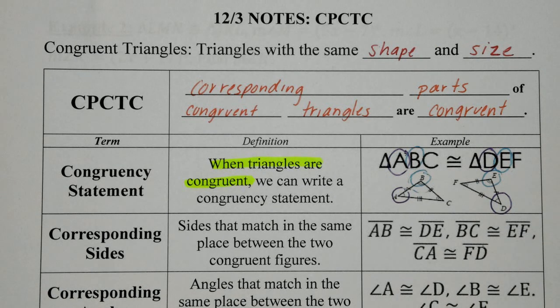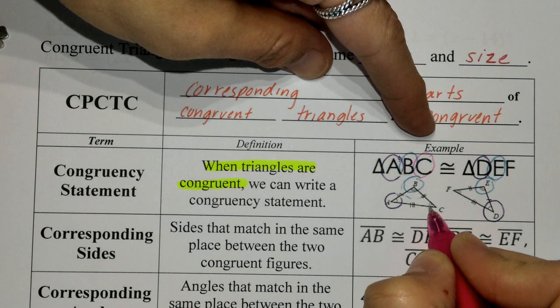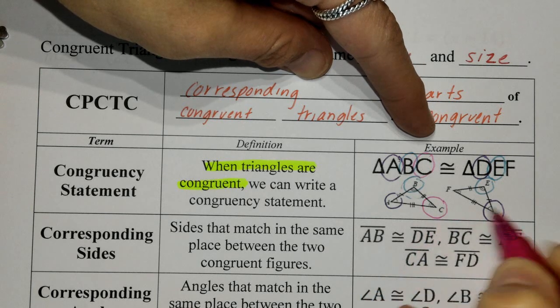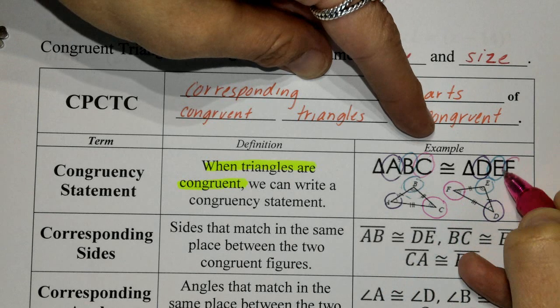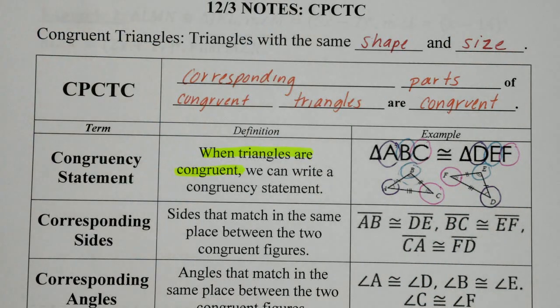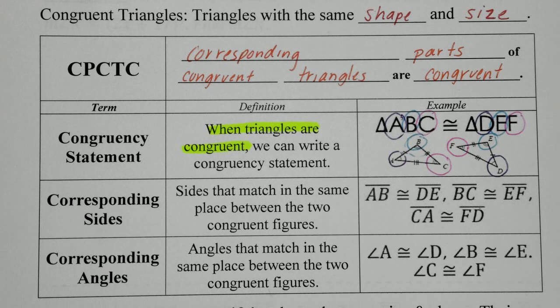I had to pause that real quick. So then again, here we have our last letter C, and we're noticing that C has these three arcs, and it's going to correspond and match with the three arcs on the other triangle, F, and that's why they're all going to be in that same order. This is why I like to use color so that we can see what's matching exactly.